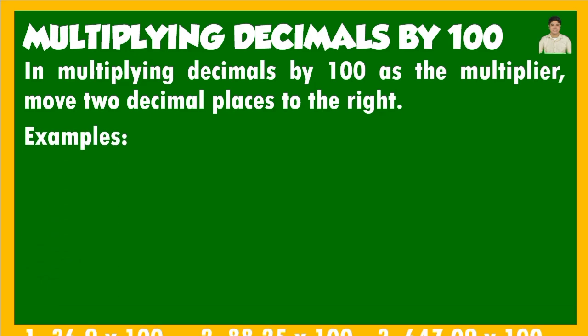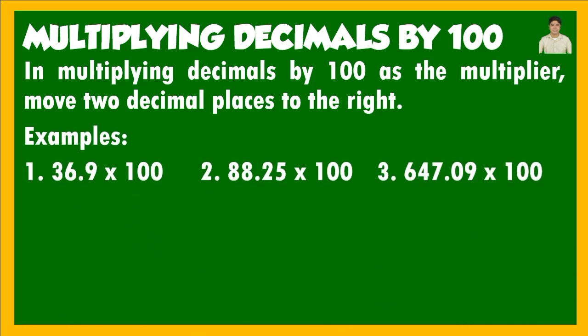So, let's have examples. So, 36.9 times 100 or 36 and 9/10 times 100. So, sulat natin 36.9. And then, magmumove tayo ng 2 decimal places to the right.